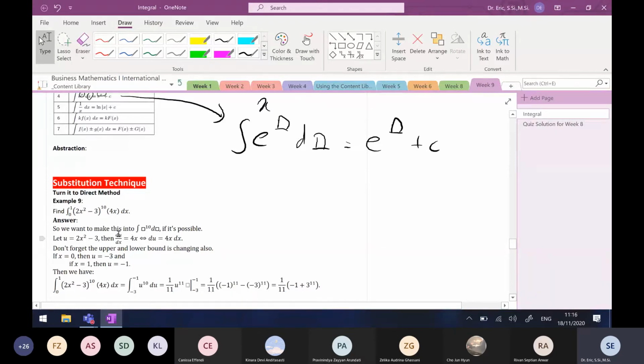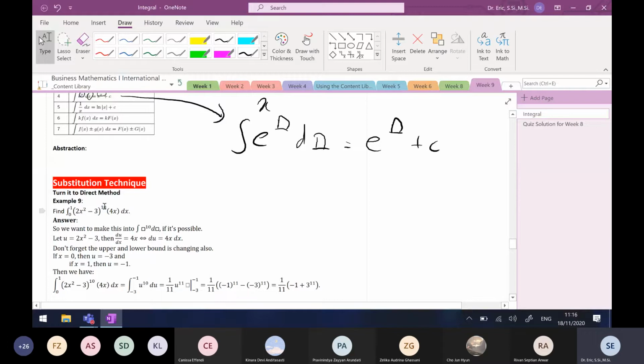I can look at du dx as a division of differentials, so I can multiply this. So I have du equals 4x dx. So this 4x dx will become du, and 2x squared minus 3 will become u to the power of 10.